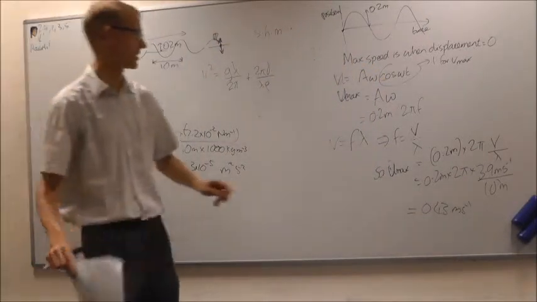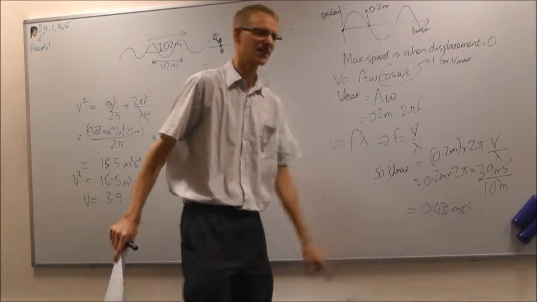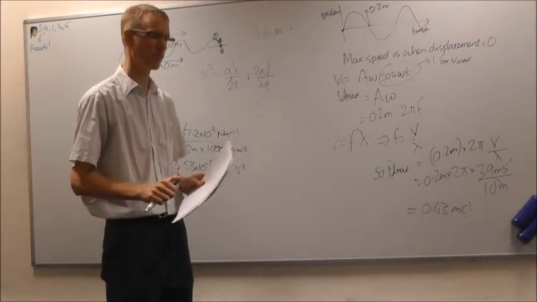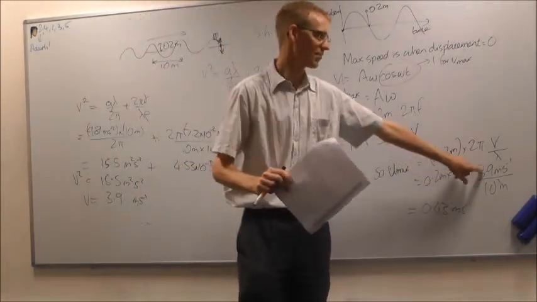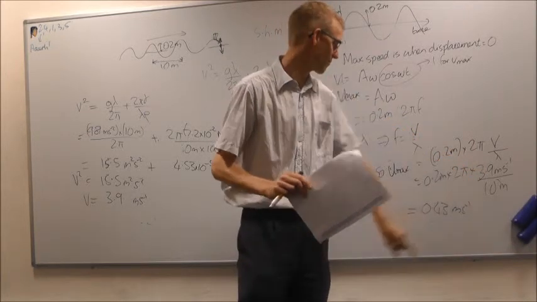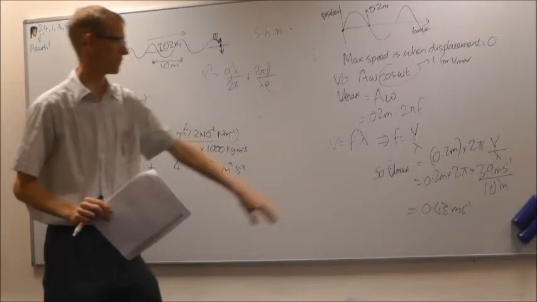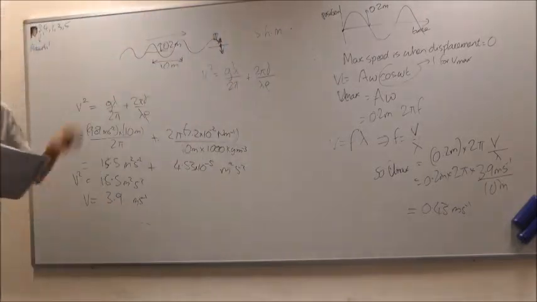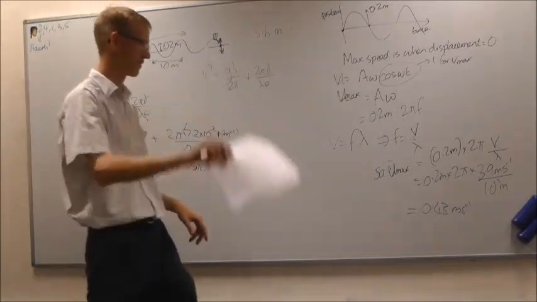Again, sanity check, 0.2 times 6, so that's about 1.2, times 4, so that's about 4.8, divided by 10, 0.48. Yeah, seems about right. Cork bobbing in water, 0.43 meters per second.